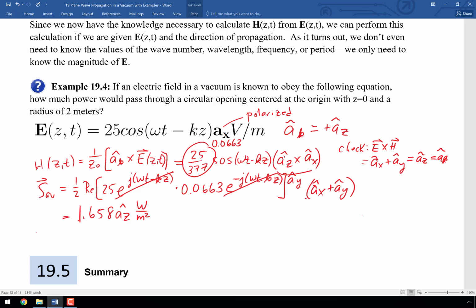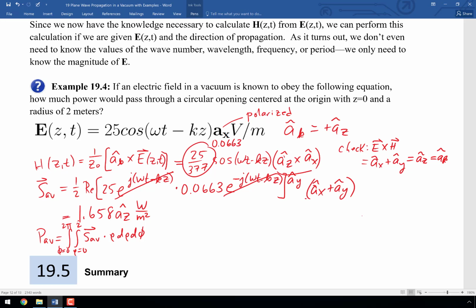And then to calculate the average power, notice that I want the average power through a circular opening centered at the origin with z equals 0 and a radius of 2 meters. So the average power is actually going to be quite easy to calculate. This is a double integral of the average Poynting vector over a surface area, which is going to be rho d rho d phi, from rho equals 0 up to 2 and phi equals 0 up to 2 pi.